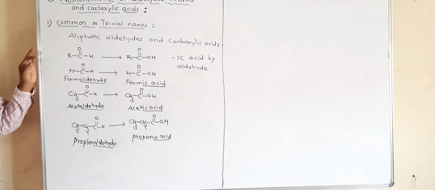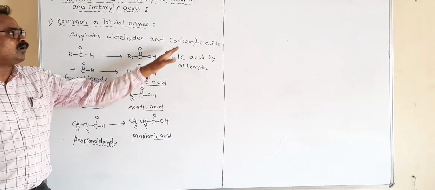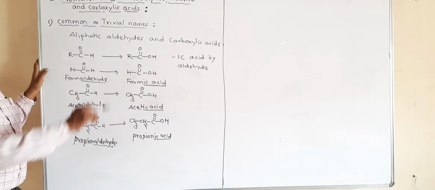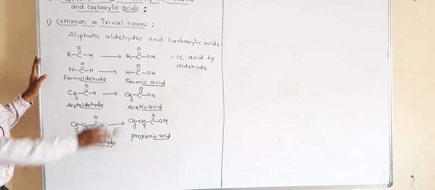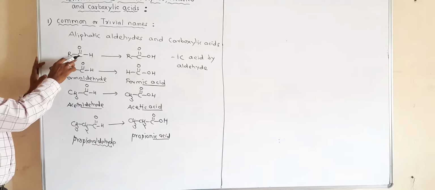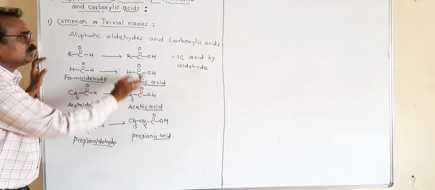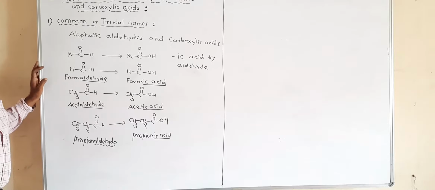So the common name of aliphatic aldehydes is derived from the common name of aliphatic carboxylic acid by replacing "ic acid" with aldehyde, because carboxylic acid is the oxidation product of aldehyde, and the common names of carboxylic acids are derived from their sources.